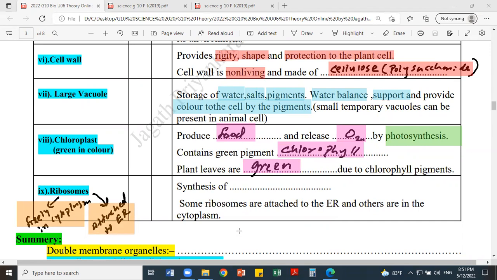So what is the main function of ribosomes? Synthesis of protein.